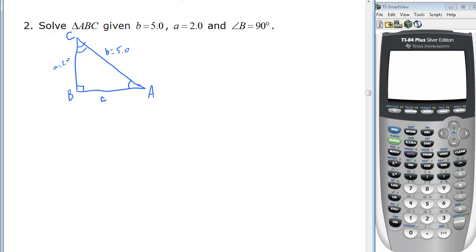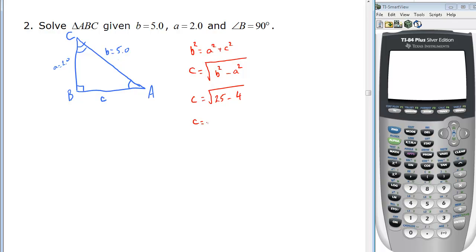If we go ahead now and start solving, the easiest thing to solve for first is perhaps the side that's missing. So we know that b squared is equal to a squared plus c squared from the Pythagorean theorem. So c is going to be the square root of b squared minus a squared if we solve for c. And if we substitute in our two pieces, we get 5 squared, which is 25, minus 2 squared, which is 4.